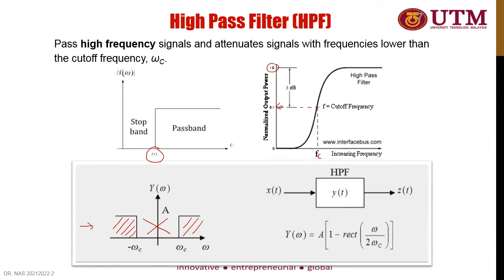Okay, and this is how the transfer function of the high pass filter looks like, in which you can see it's basically the combination of rectangular signals.